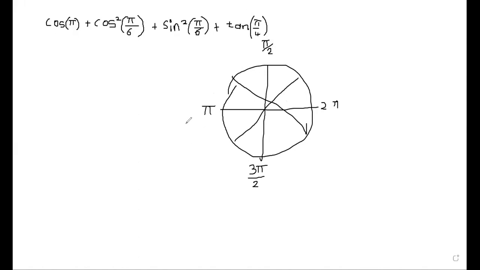The unit circle has coordinates x and y. The x coordinate has to do with cos. The y coordinate has to do with sine.